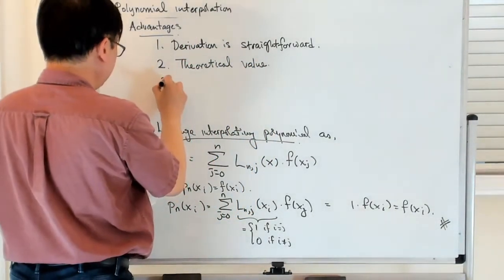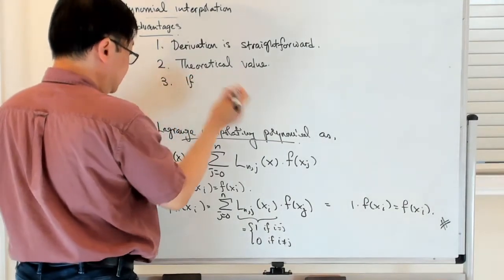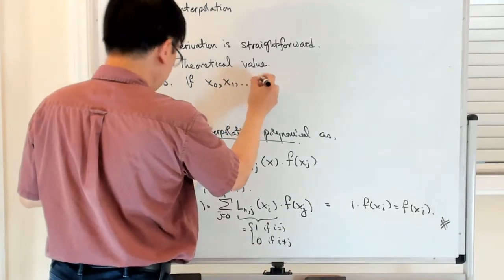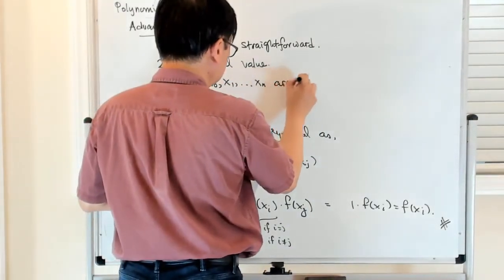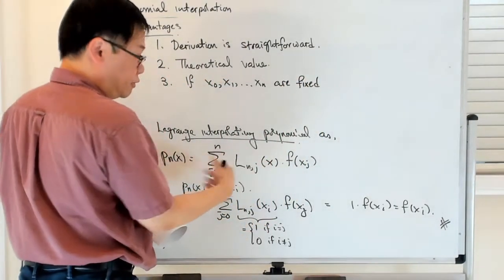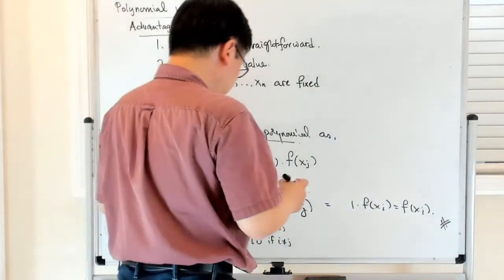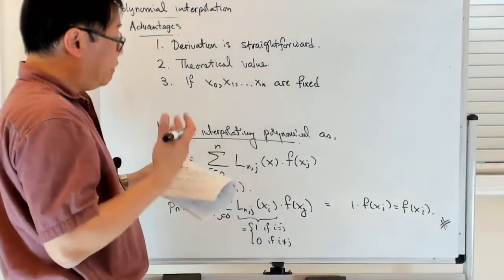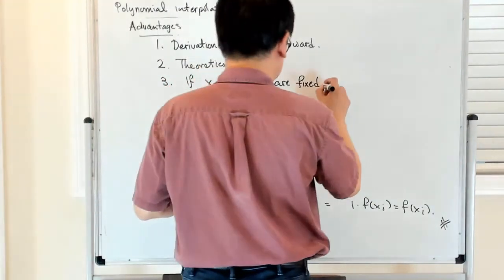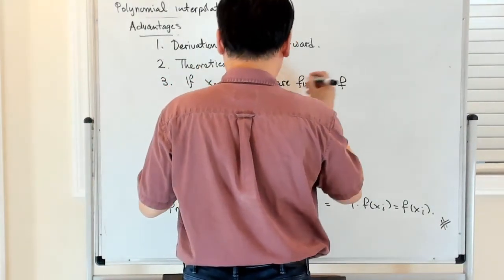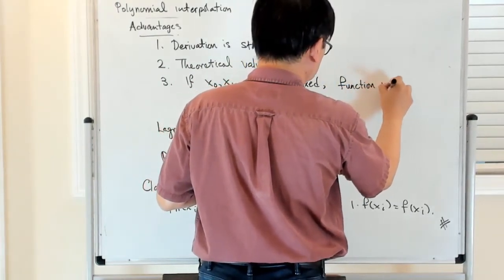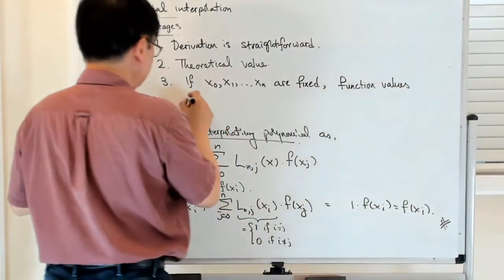And the third thing is that if you fix the interpolation points, so x_0, x_1 to x_n are fixed, then these Lagrange polynomials are the same, and it's easy to apply that interpolant to other function values. If x_0 to x_n are fixed, the function values can be easily changed.